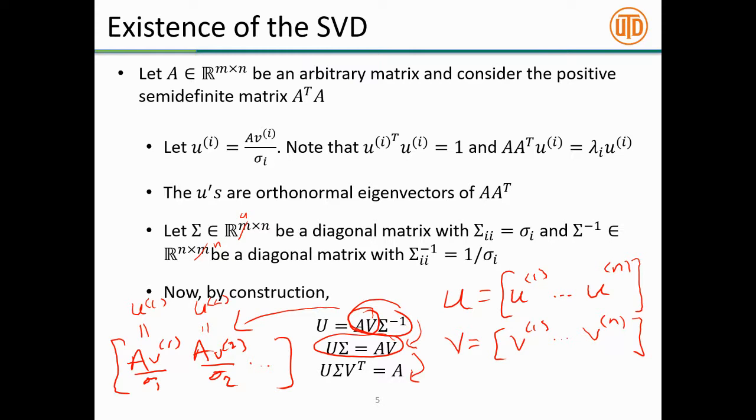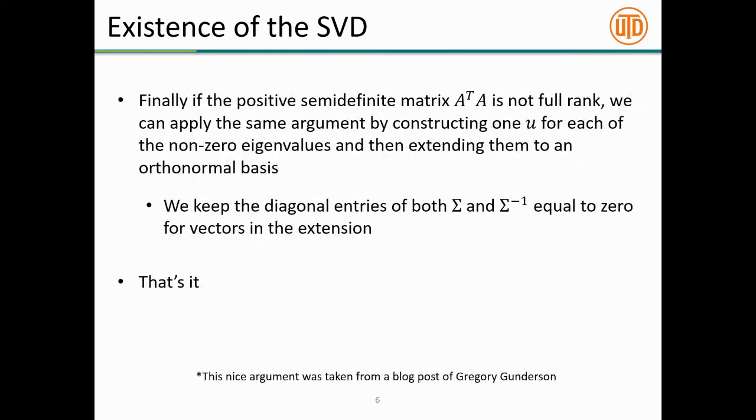Okay, so to really complete the argument and make the most sense of it, we need to discuss what happens when m is not equal to n. As an example, let's suppose that A transpose A is not full rank, so it's not positive definite, it's positive semi-definite.